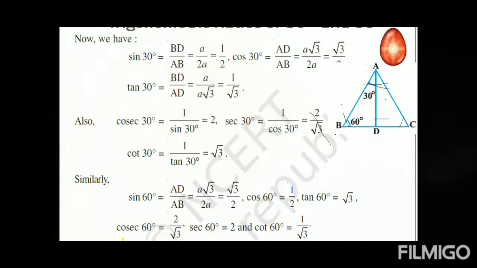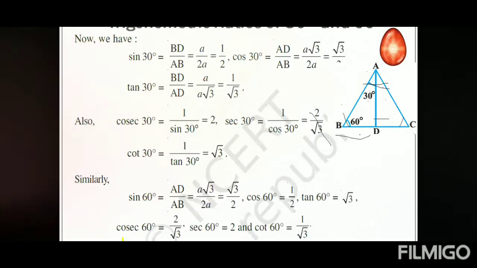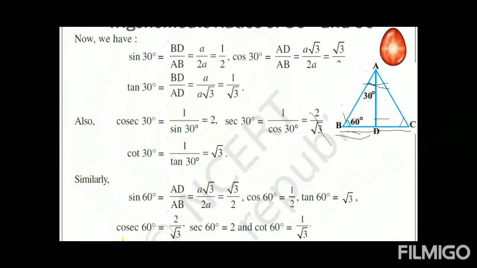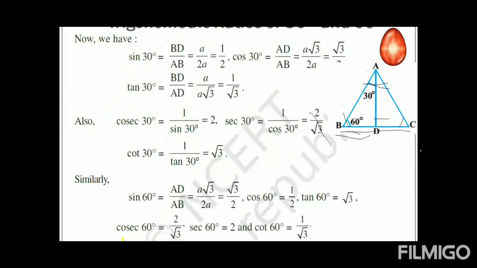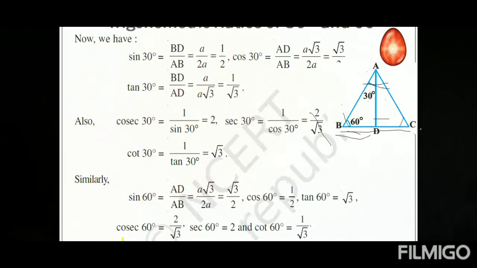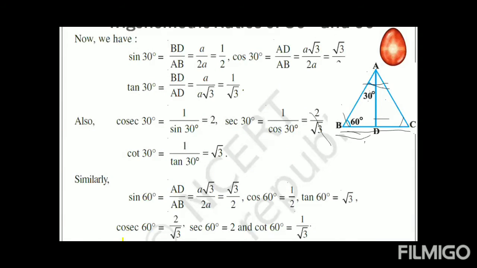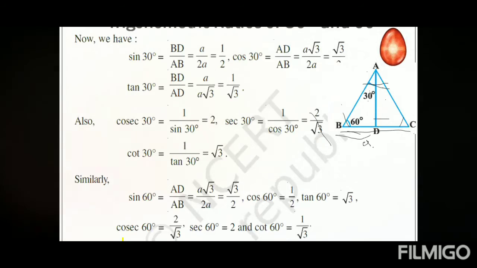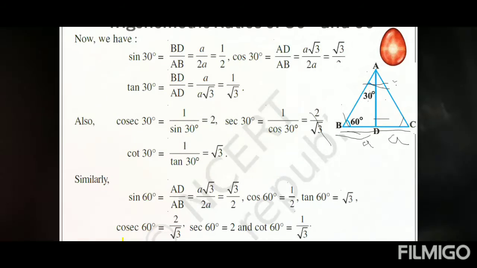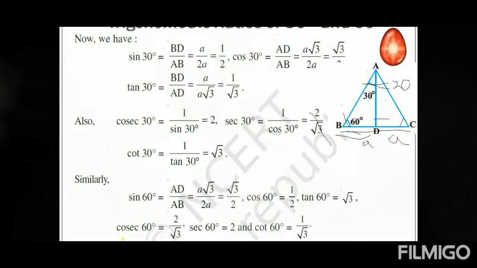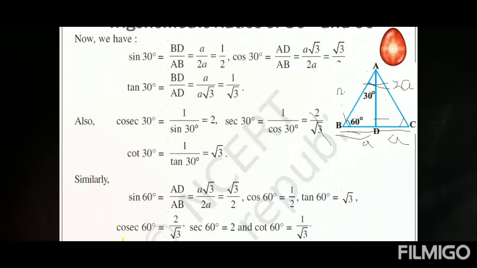So BD is half of BC, as AD is a perpendicular bisector of BC. So BD is a, DC is a, AC is 2a, and BA is 2a.